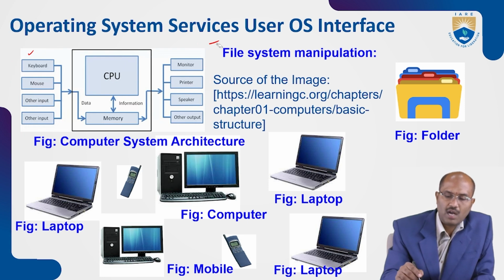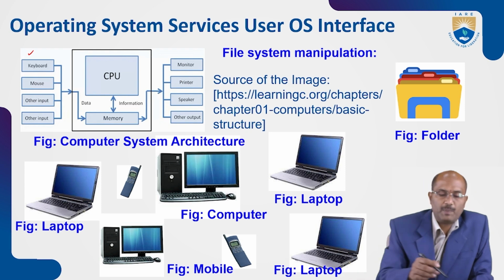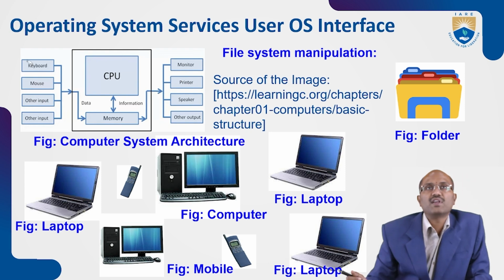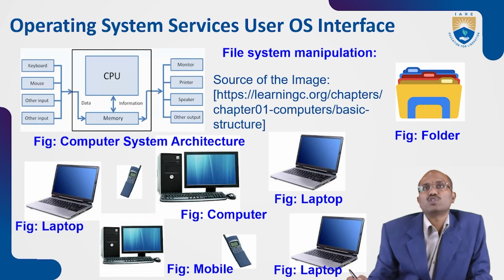Computer system architecture means how the inside of the computer system performs the various services. The services are all handled by the input devices and output devices of the computer, which process the data and information as services of the computer.